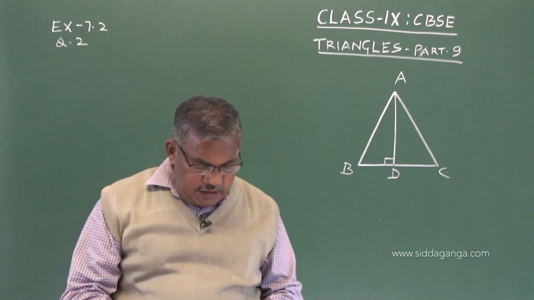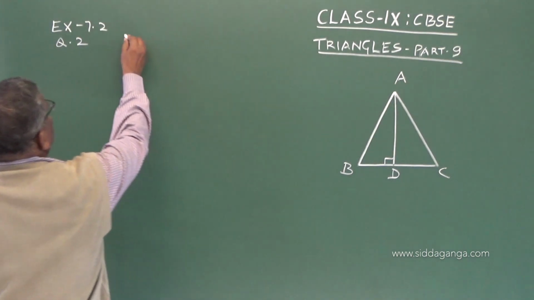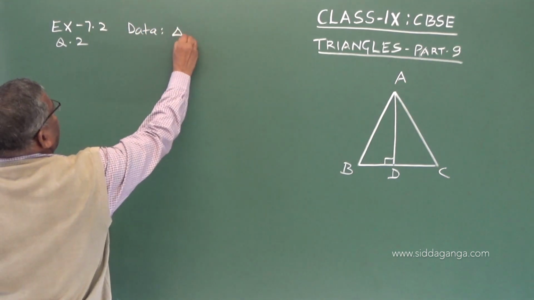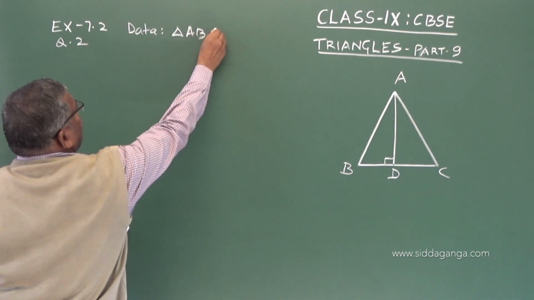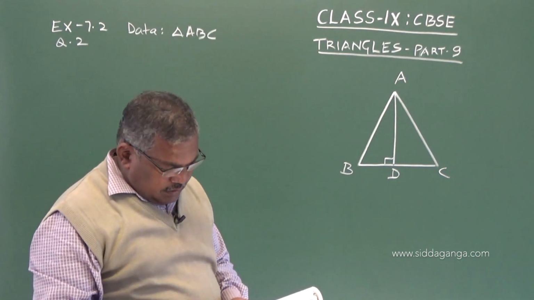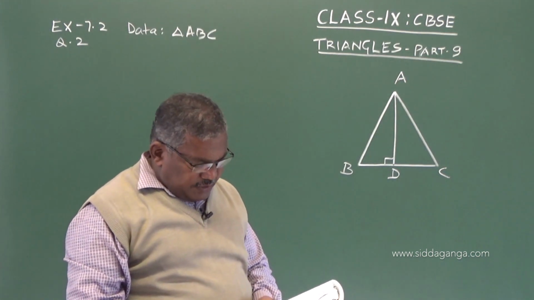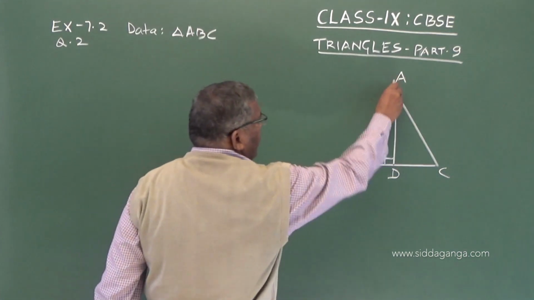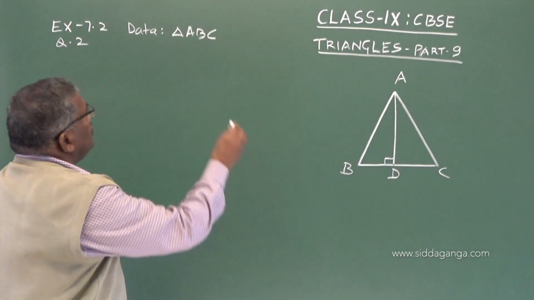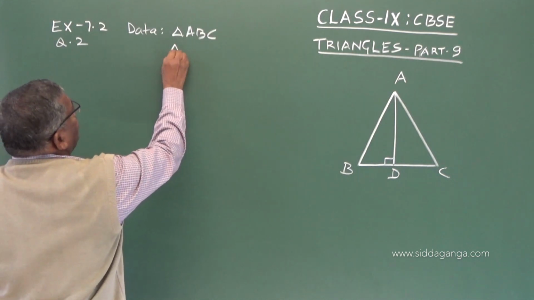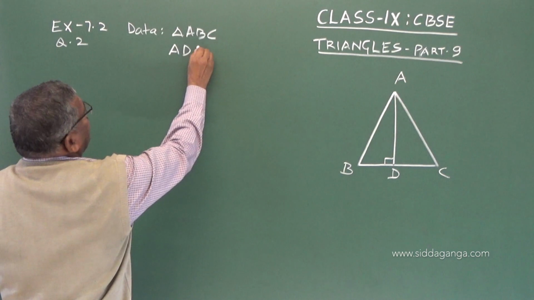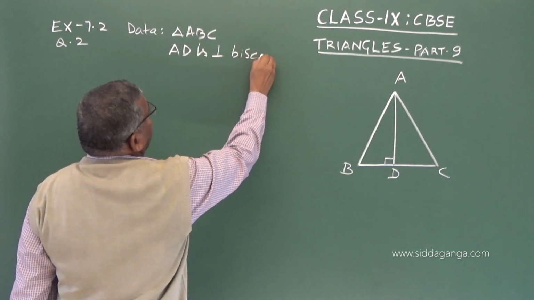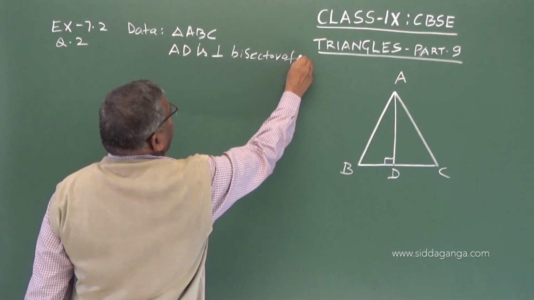Now the given data is like this. In triangle ABC, AD is the perpendicular bisector of BC.